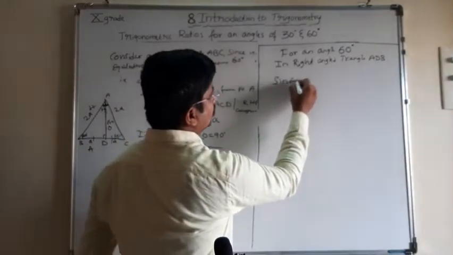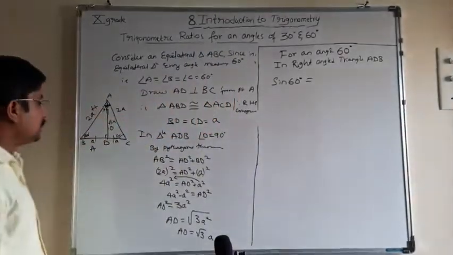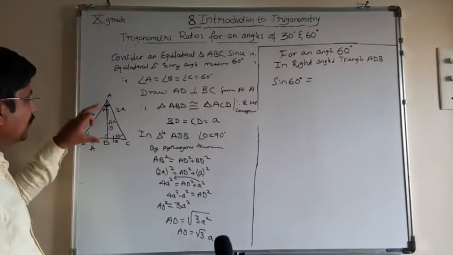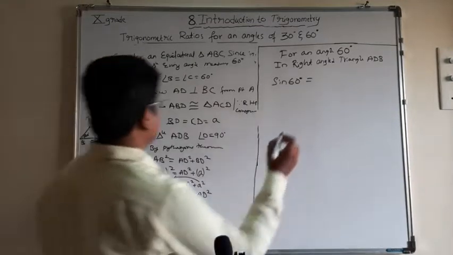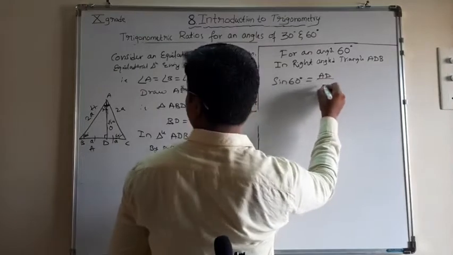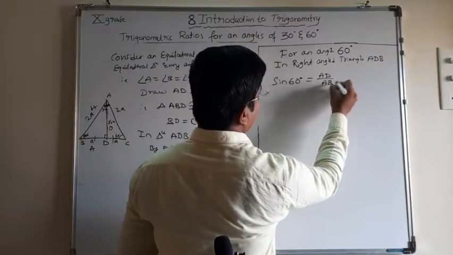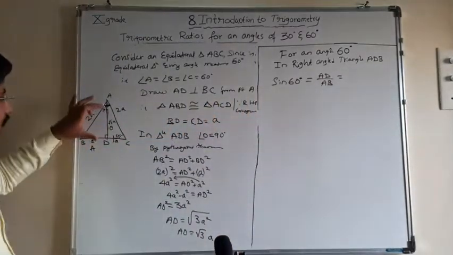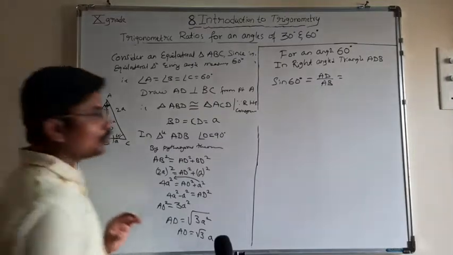Sin 60 degree is equal to the opposite side upon hypotenuse, that is AD divided by AB. AD is root 3 a.